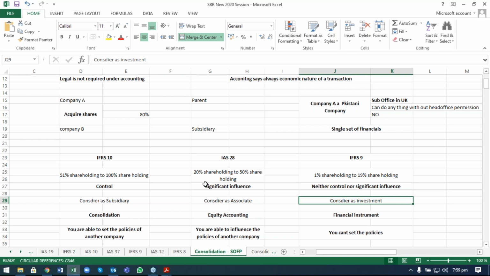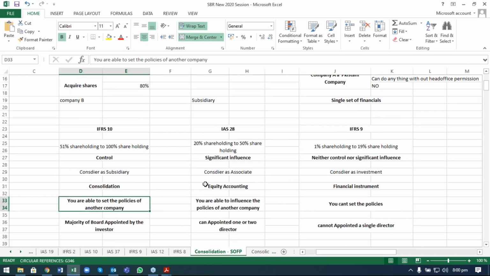If management intended to hold those instruments for a longer period of time, then these must be accounted for under fair value through other comprehensive income. But if the entity intended to sell those equity instruments as a trading asset, then they should be accounted for under fair value through profit and loss. So that's the case.